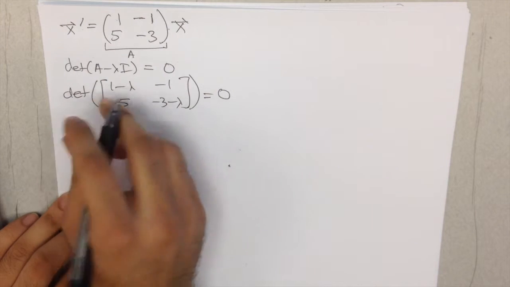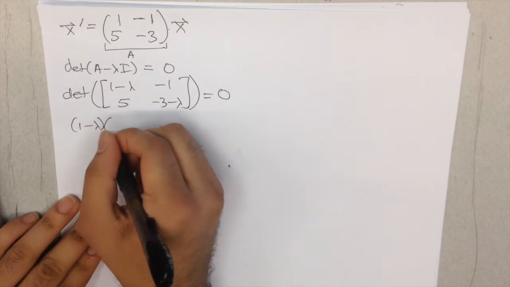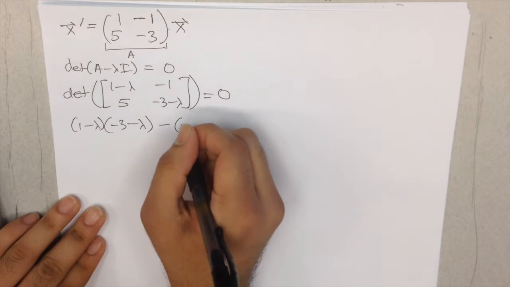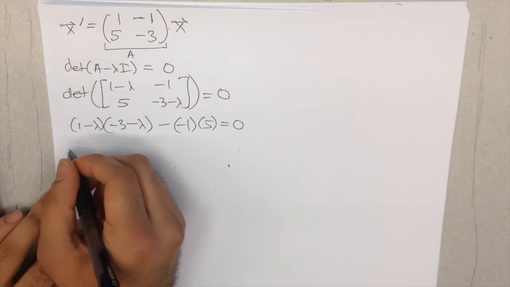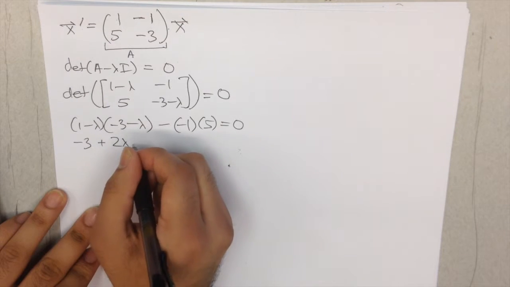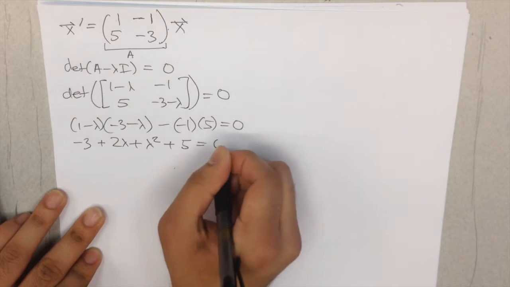When we do this determinant, we get (1 - lambda)(-3 - lambda) minus (-1)(5) equal to 0. So then we get -3 + 2 lambda + lambda squared + 5 equal to 0.